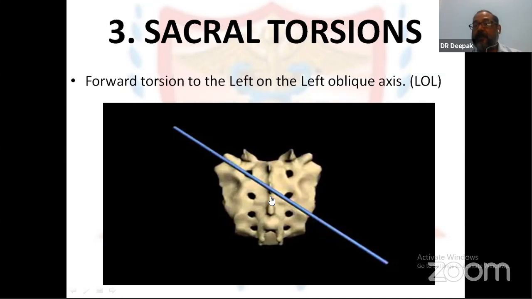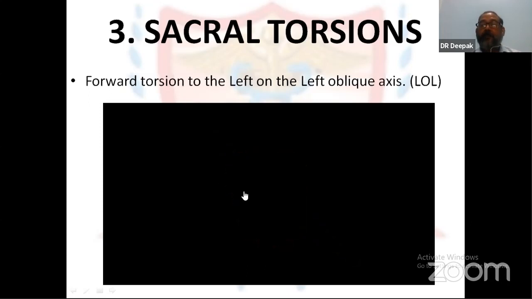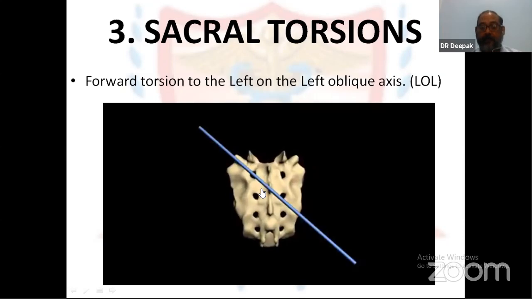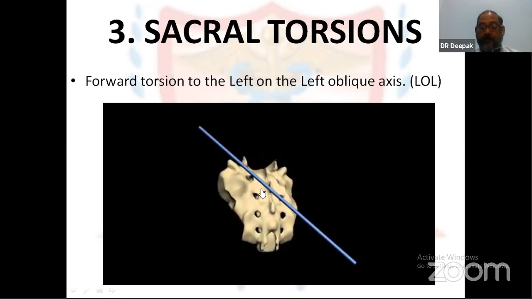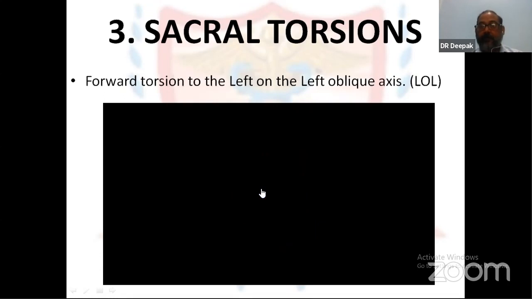The blue line is the left oblique axis, on the posterior side of the sacrum. This sacrum is moving in the forward direction to the left on the left oblique axis. Right? This is forward torsion to the left on the left oblique axis.